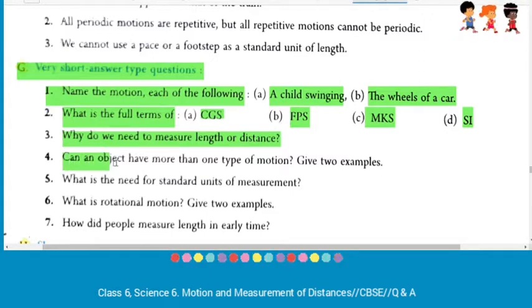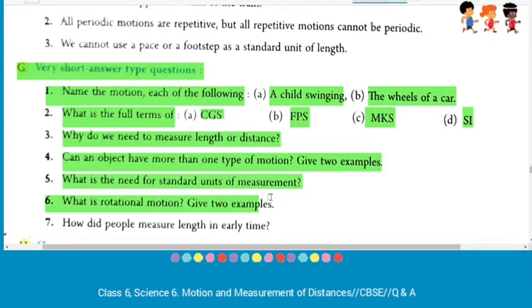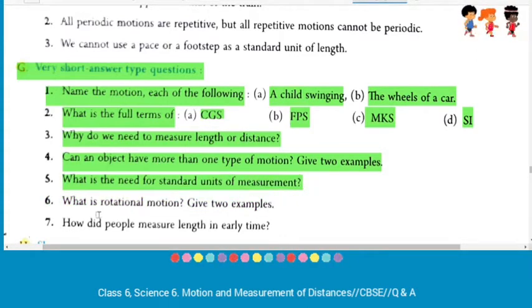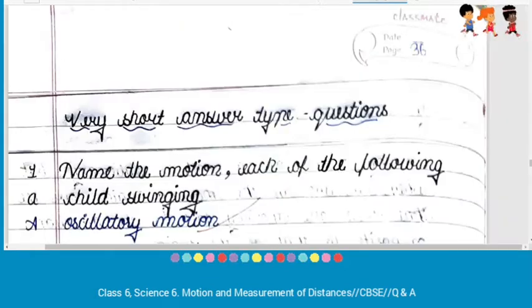Fourth one, can an object have more than one type of motion? Give two examples. Fifth question, what is the need for standard units of measurement? Sixth question, what is rotational motion? Give two examples. Seventh one, how did people measure length in early times? So we will see the answers of these very short answer type questions one by one.